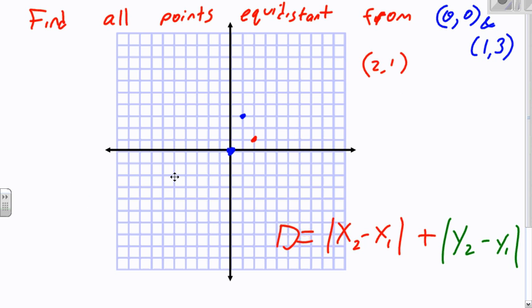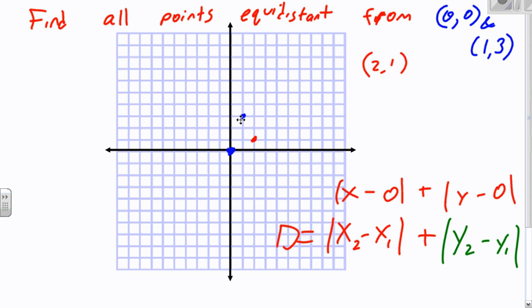And we're going to need the distances to be equal. So if we are using the point x, y, plug in x and y for our solution points, but we'd have to subtract our given points. So our distance from 0, 0 will be x minus 0 plus y minus 0.